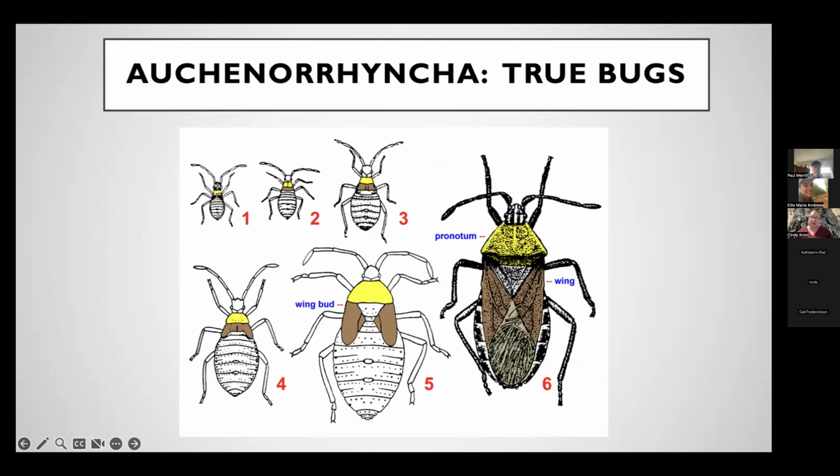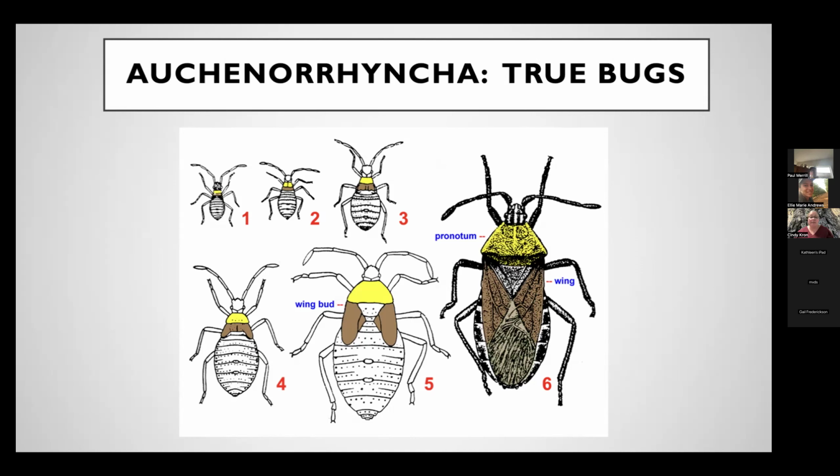And so as they move on to the fourth instar, they have these wing pads that are growing. And then the fifth is usually more pronounced, and come the sixth instar when it's an adult, it has full wings. It does not get any larger. It does not molt anymore after it becomes an adult.